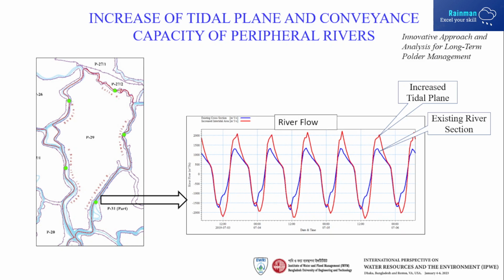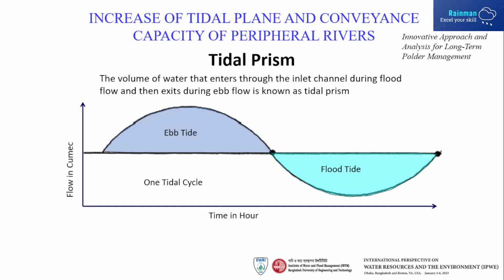For Polder 29, with the increased tidal plane, we saw an increment in the discharge time series, as well as positive discharge and negative discharge during flood tide or ebb tide. And ultimately, the tidal prism of the river has been increased, which is a very important thing for the sustainability of a river.